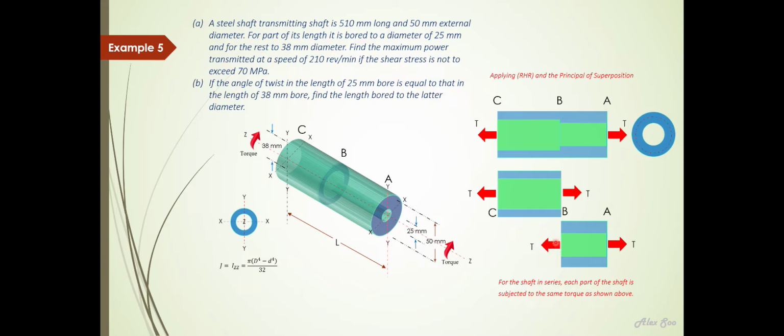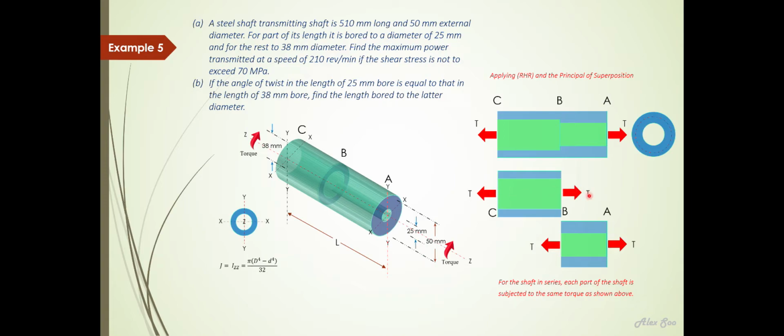Since this is T and section B here is 0, I put a T here so that T minus T will be 0. This is pointing towards the right, and this is pointing towards the left. For the equilibrium of section BC, if I have an arrow pointing towards the right, then the other end should have the arrow pointing towards the left.